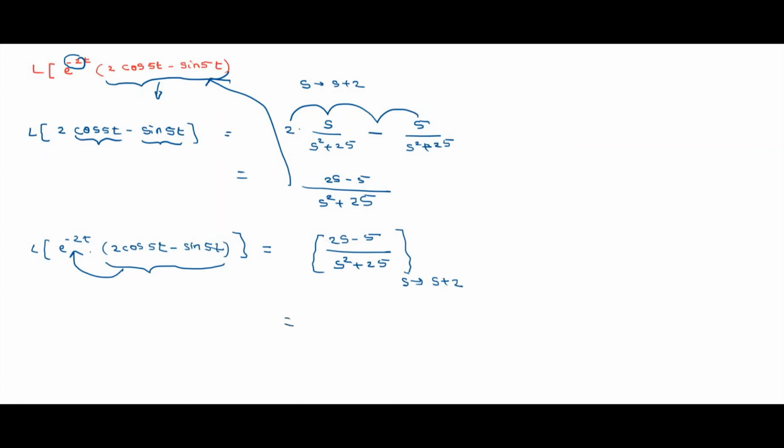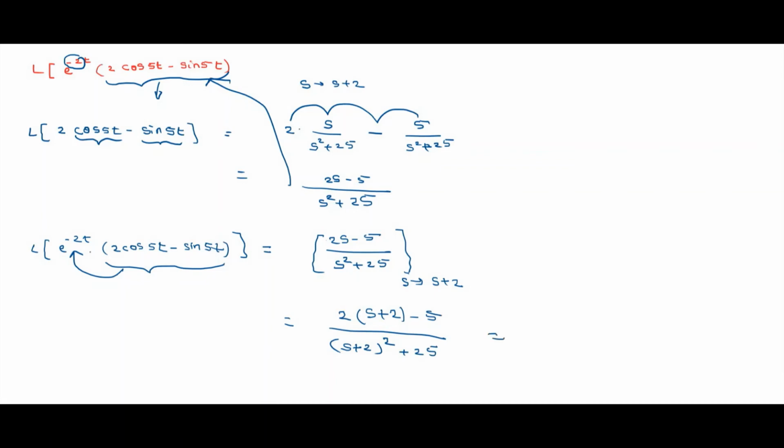So s changes to s plus 2, which means 2 into bracket s plus 2 minus 5 divided by s plus 2 whole square plus 25.